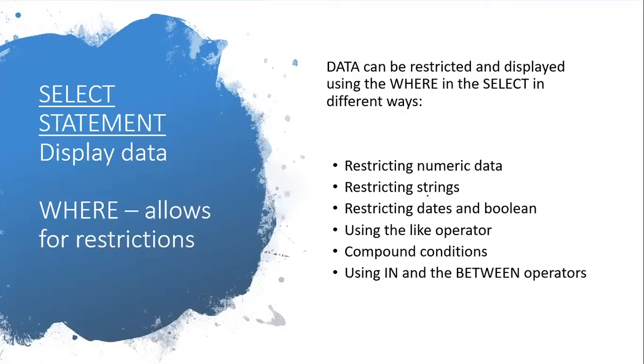We'll also look at how to restrict strings, how to work with dates and booleans. Then some attention will be given to the like operator. Thereafter, we will look at compound conditions. Compound, those are multiple conditions. And finally, we will conclude by using the in and between operators in the where clause of your select.